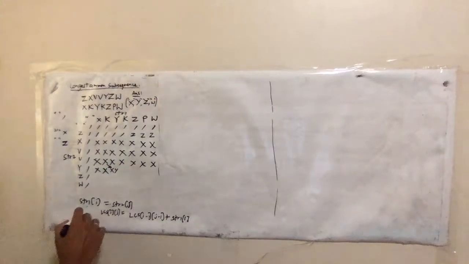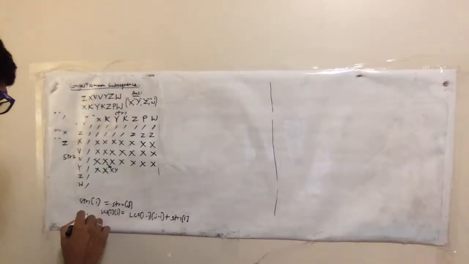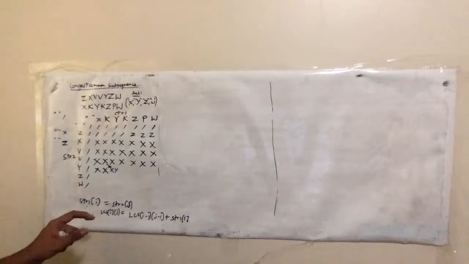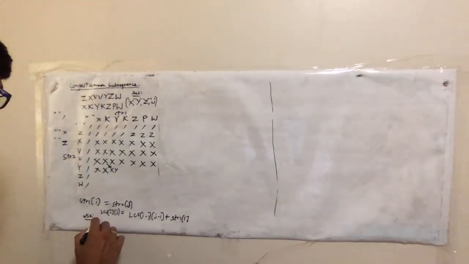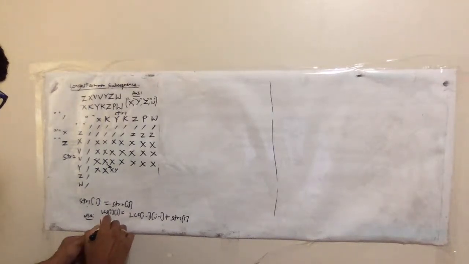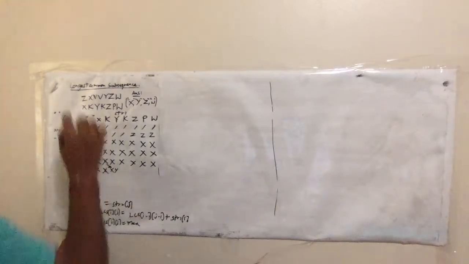Yeah, if it is different, what will we do? If it is different, get the maximum value. LCS of I j will be equal to, we need to get the longest, right?